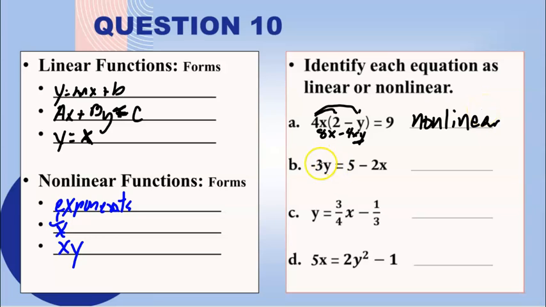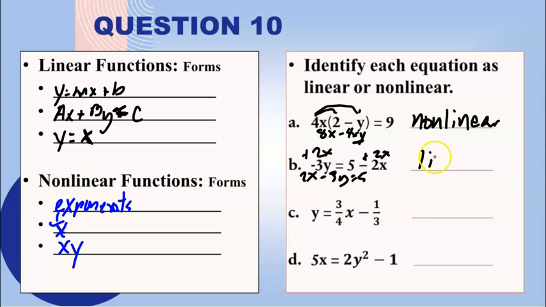Next example. Here I don't have any exponents. I don't see any x's times y. If I were to add 2x to both sides, I would have 2x minus 3y equals 5, which looks like standard form of ax plus by equals c.